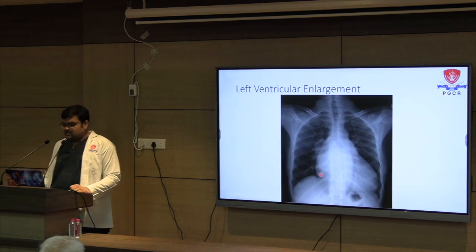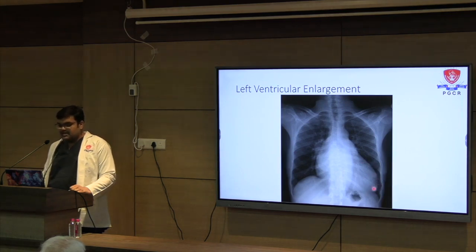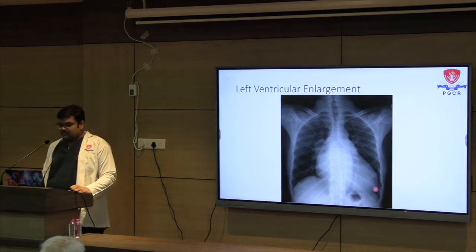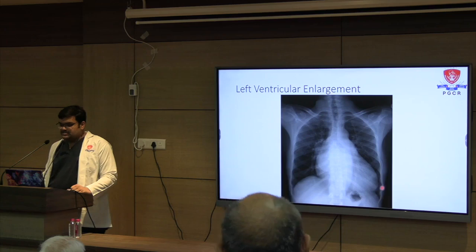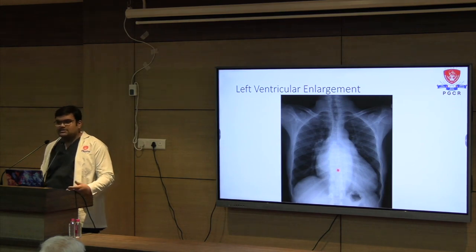Right atrial enlargement and left ventricular enlargement: in left ventricular enlargement, primarily we see hypertrophy that causes rounding of the apex, and with dilatation, the apex shifts downwards and laterally. In the PA view, we can see a large convex left ventricle compressing the left hemidiaphragm and a double atrial shadow as well, suggesting left atrial enlargement as well.